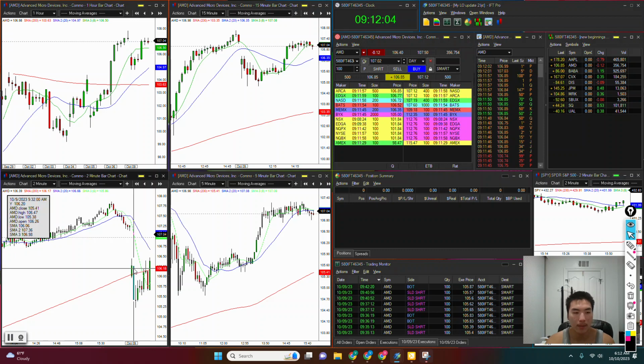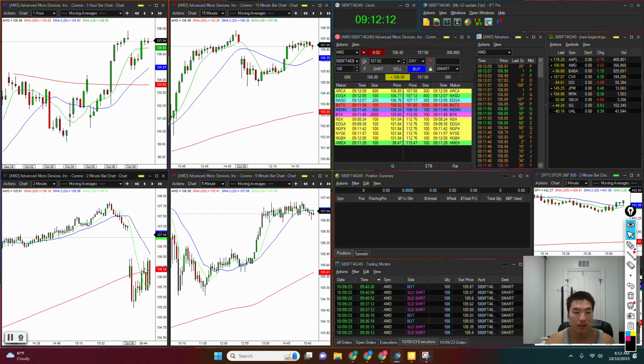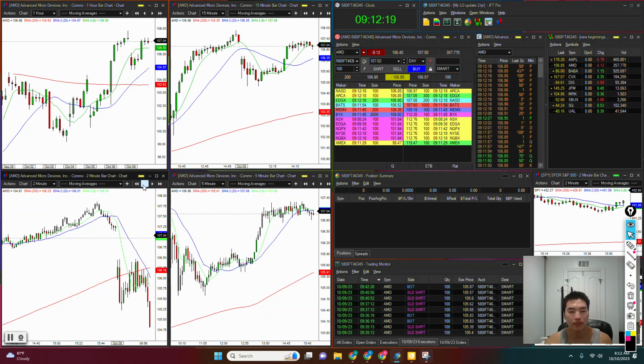But still, a stop at like 106.50 above this bar, you would have been safe by a cent. Then that just rejects heavy. Right now. See? So, seems like that was the best stop.